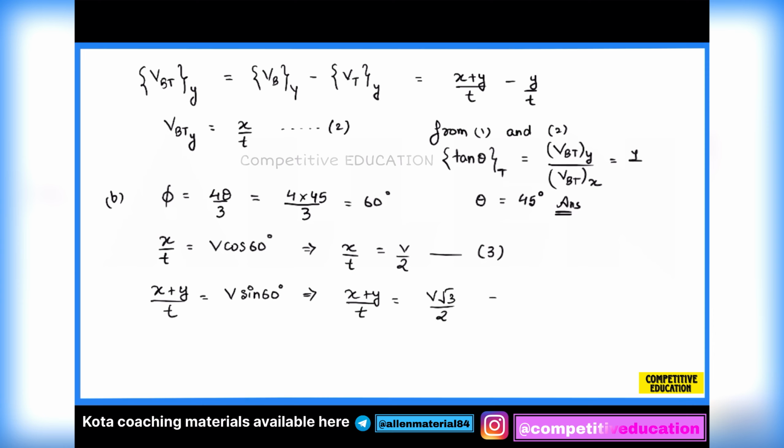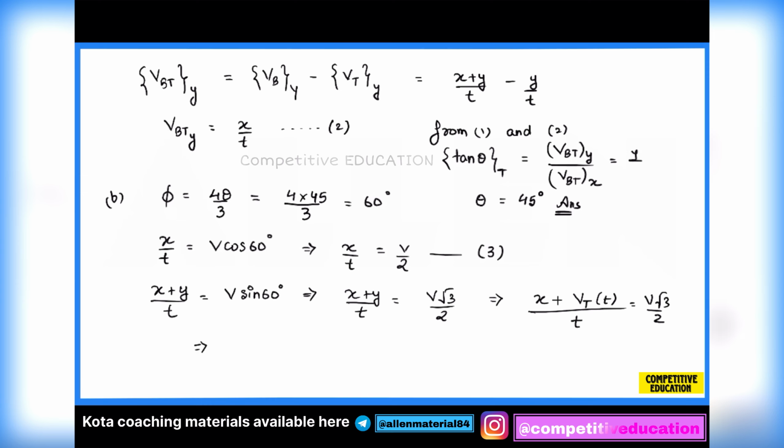Now putting in the value of y, it will be x. Now y can be written as the velocity of the trolley into the time taken by the trolley, because y is the displacement of the trolley, divided by t. So this will be equal to v root 3 by 2.